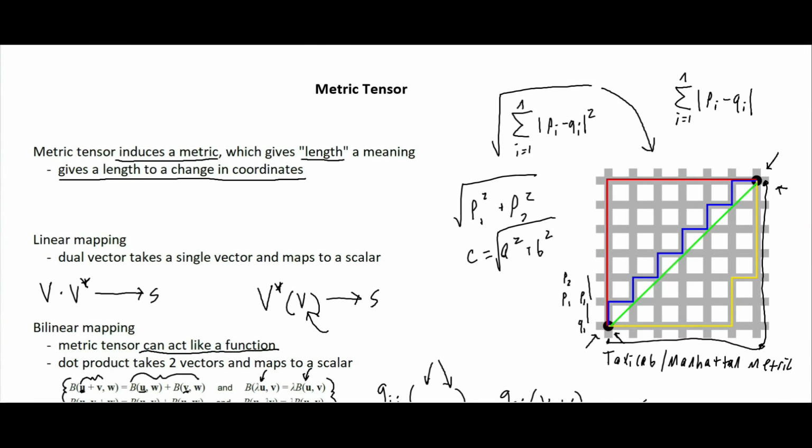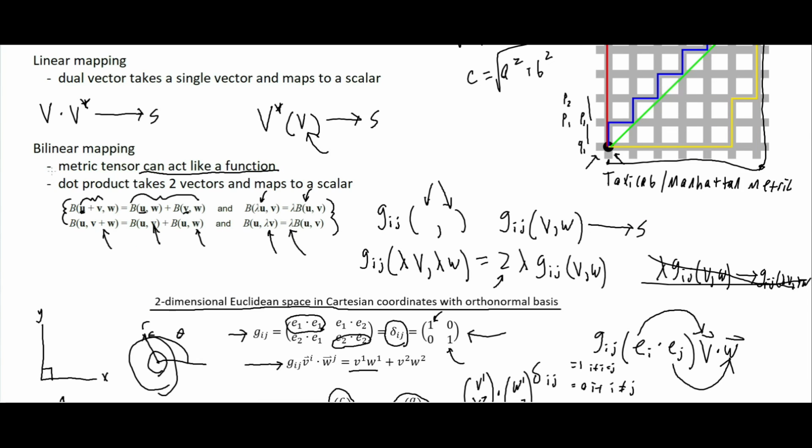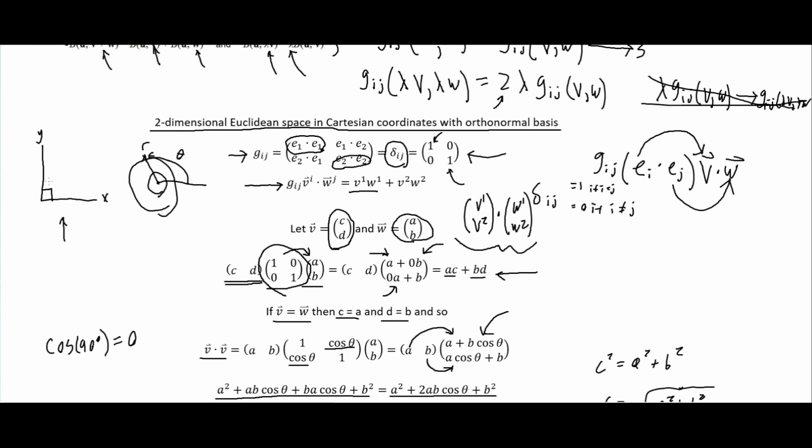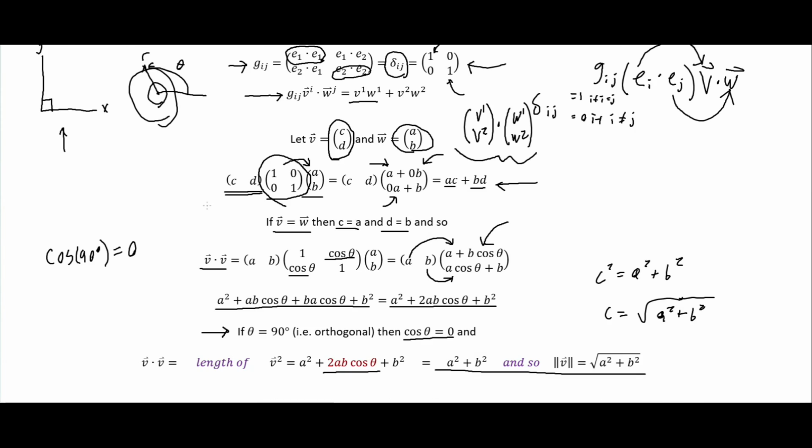Like I said, the takeaway from this is that a metric tensor induces a metric which gives a length a meaning. It says a change in coordinates in this space will have this length. And it's also a bilinear mapping, and so it gives a meaning to the dot product, or inner product if you want to be a little more sophisticated about it.